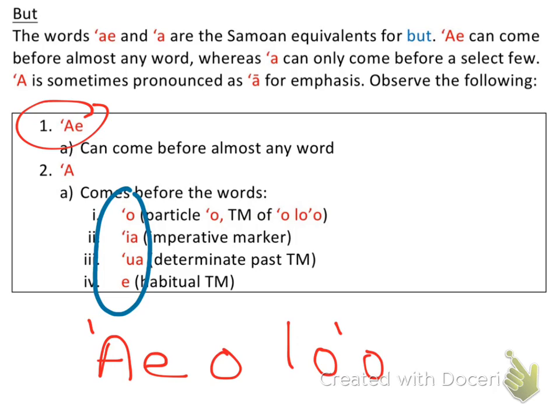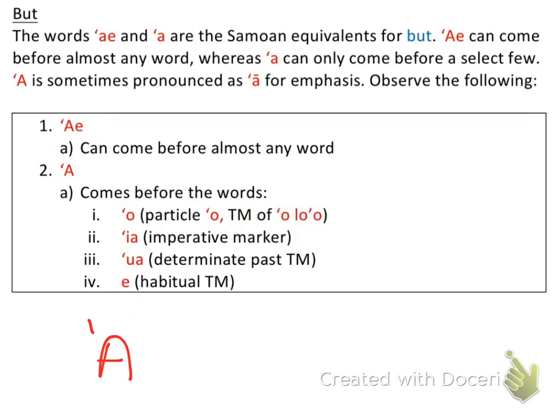If you want to be a little bit more grammatically correct, then use ae, okay? But if you said i, o lo'o, they would understand you and you can get across your point. And honestly, Samoans make grammatical mistakes all the time, just like we do in English. So don't be too worried about when to use either, okay?